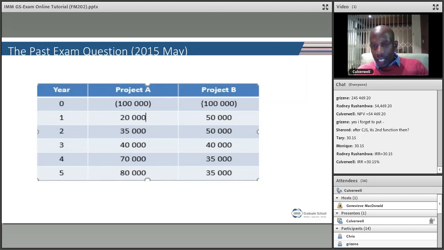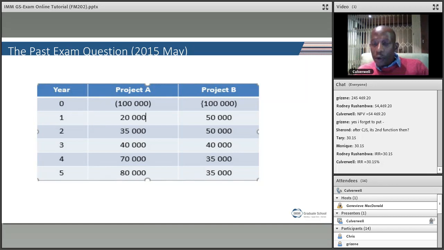On NPV, we only accept a project that gives you a positive NPV. But if both were going to give you positive NPVs, you then pick the one with the highest positive NPV.